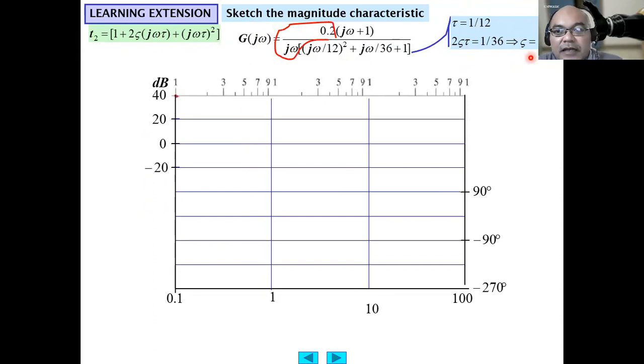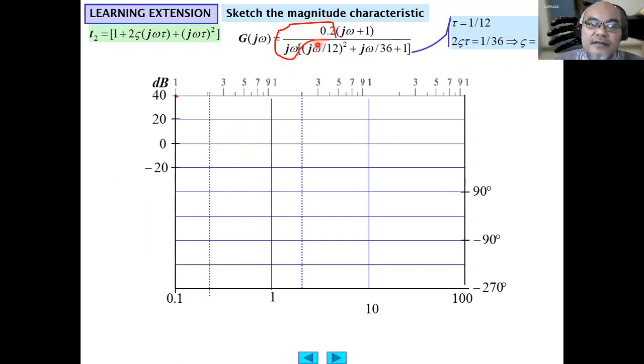Now let's approximate first manually. The first term here, 0.2 divided by j omega, has a pole at 0, and at 2, the magnitude 0.2 until 2 radian per second.